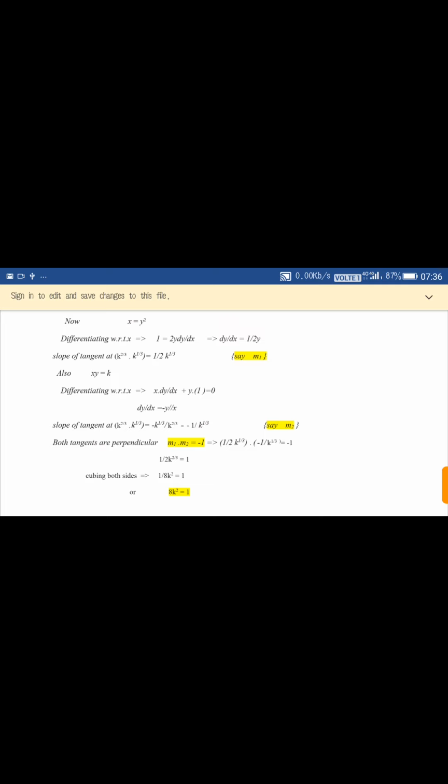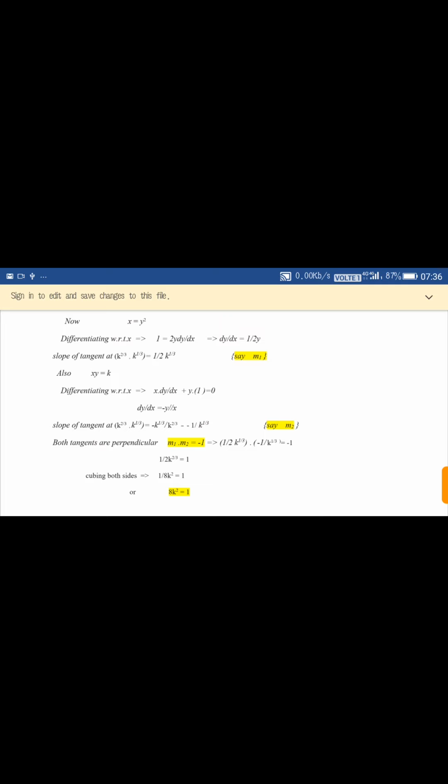So dy upon dx is equal to minus y upon x. Now the slope of the tangent at the point of intersection k power 2 by 3 comma k power 1 by 3: put the values of x and y, and you get minus 1 upon k power 1 by 3. Say it m2.